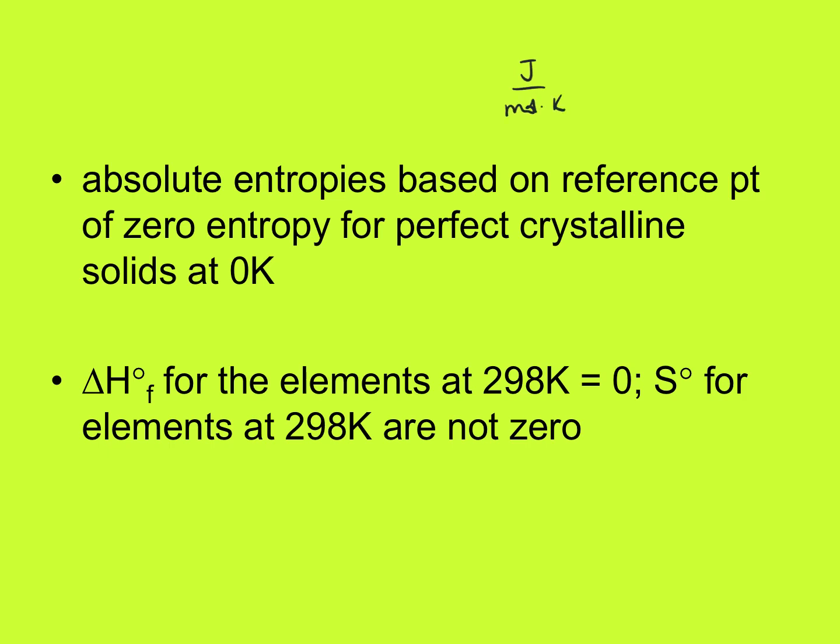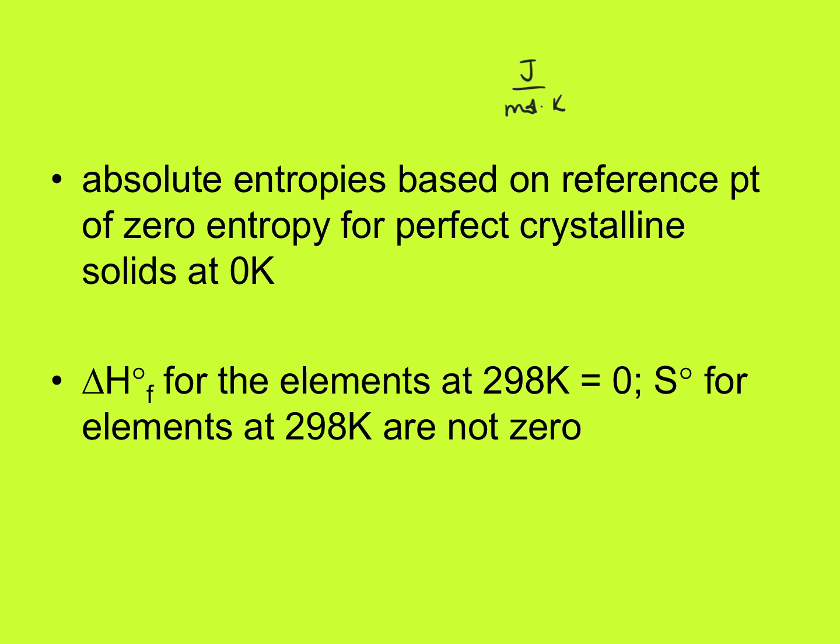And those values are based on the entropy of that substance at 0 Kelvin. Okay, so the heat of formation you've learned about last semester for elements at standard state is 0 kilojoules, but S at standard state is not necessarily going to be zero. Now it could, but most likely it's not going to be.